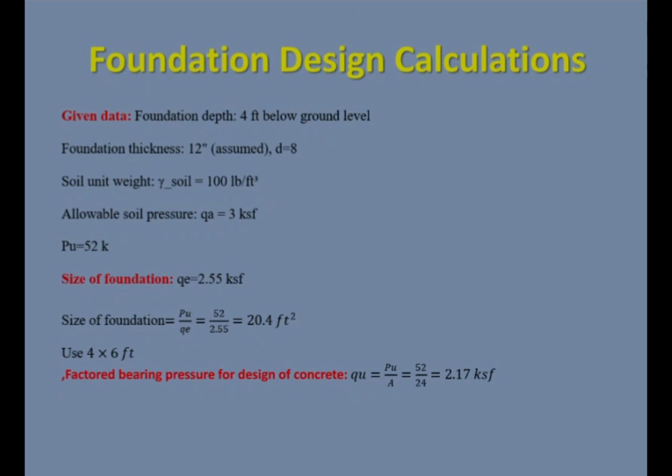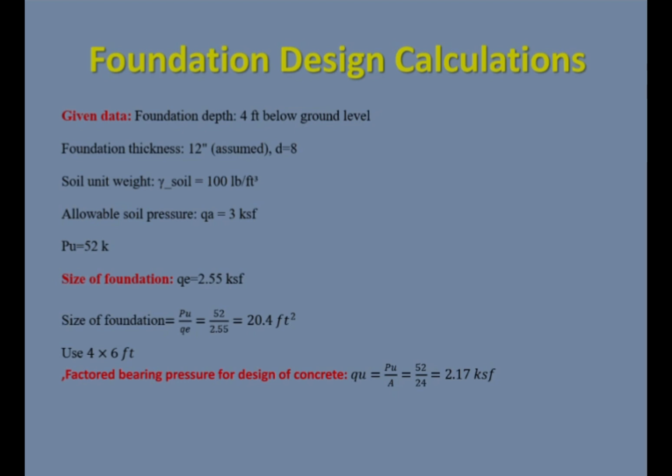After that, we are going to find QE, which is the allowable soil pressure, and we subtract the pressure of the soil and foundation above the soil, or below the soil below the foundation, sorry.